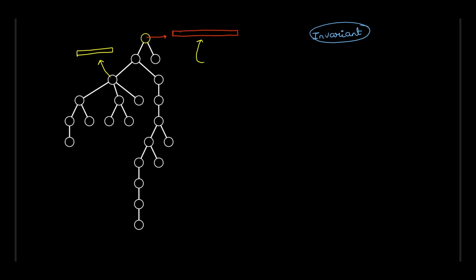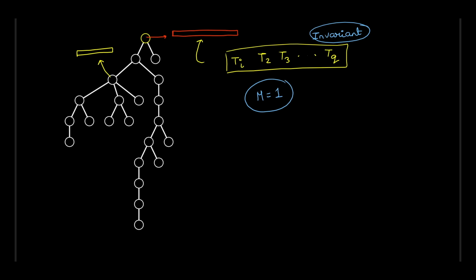Actually, yes, because in the query you are given several T's, right? Let's say T1, T2, T3, up to T of Q. So in which world are they equal? They are equal in the world of M equal to 1, because in this modular world every number is equal to each other, since every number gives a remainder of 0.